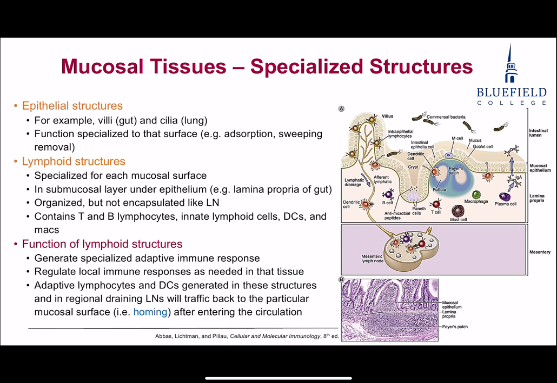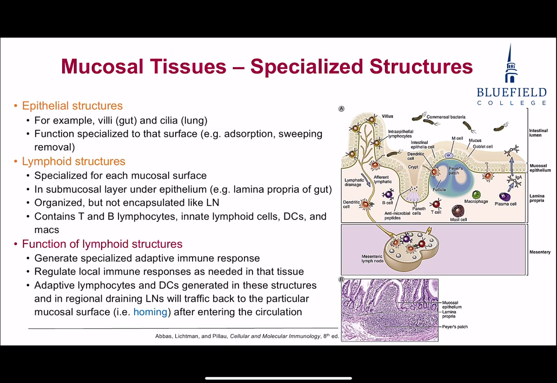But if you look down here at the bottom, this very well organized structure is one of the lymphoid follicles, as we call them, that are associated there under that epithelial surface. And what we'll see in a minute, that's the gut mucosa, all those ciliated, not ciliated, that's lung, sorry, the microvilli in your GI tract. Excuse me, that's what you see there.